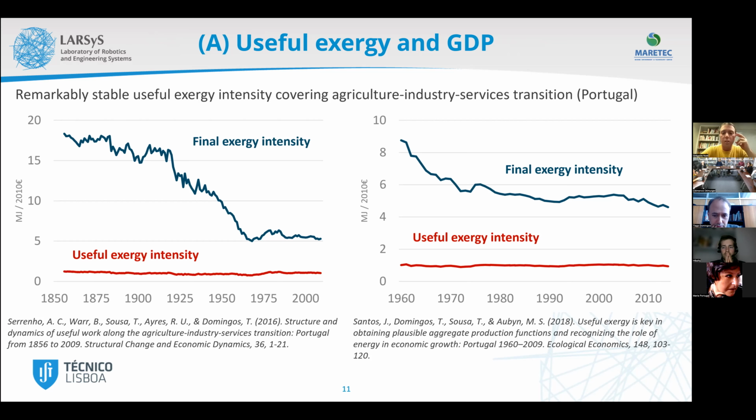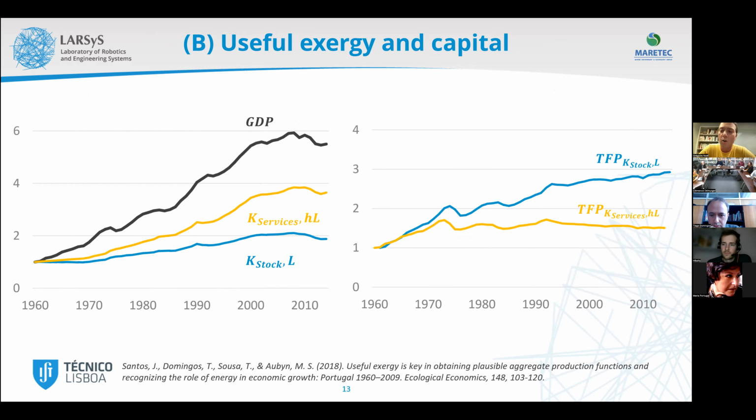And finally, you showed the data that total factor productivity, once everything's handled appropriately, has stopped growing since the 70s, 80s. What's just the symmetric is that the price of useful exergy has stopped decreasing.